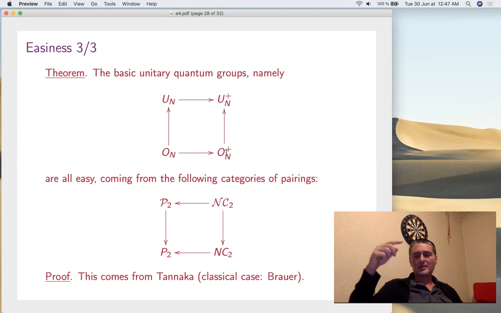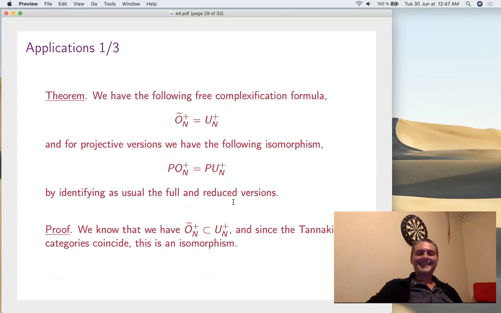That's a very simple operation. So also at the Tannakian level, you can see what's going on there with colors and everything. You're somehow coloring the pairings. That's what free complexification means. So in this situation we have an inclusion, the Tannakian categories coincide, so it's an isomorphism.